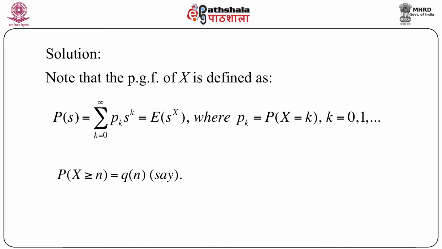Now we have to derive the probability generating function of the expression for the probability that capital X is greater than or equal to n. Let's call it q_n, because this must be a function of n.